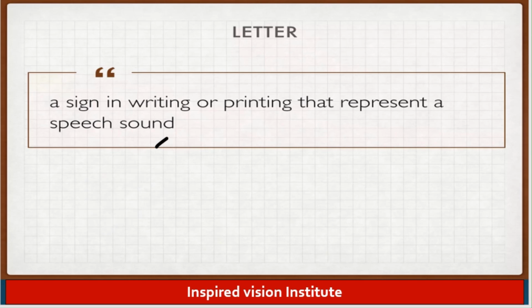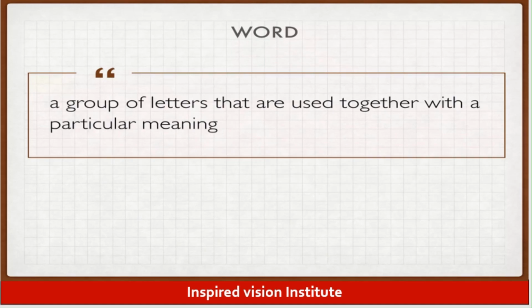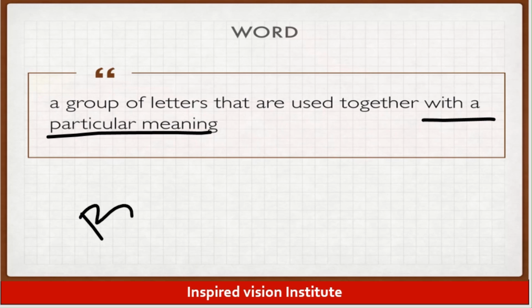Moving on, we come to words. A word is a group of letters that are used together with a particular meaning. With a particular meaning, that should be the main thing about a word. For example, we combine some letters here: B is a letter, O is a letter, K is a letter.